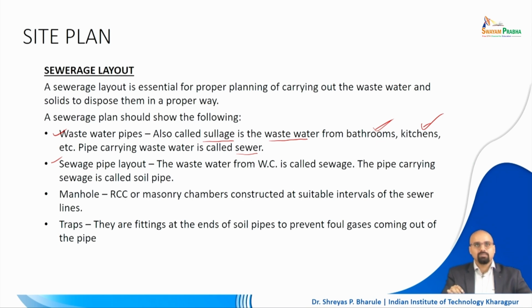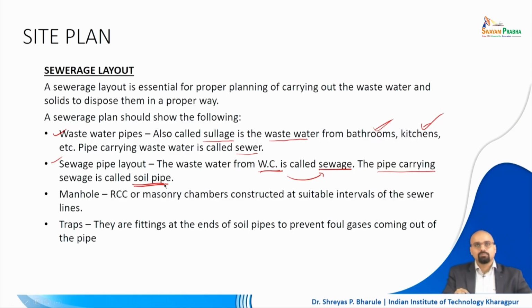In your sewage pipe layout, you have to have wastewater collected from the sewage line, which is your water closet. So in your WC or your toilet, the drain that comes out is called sewage, and your pipe carrying the sewage is also often called a soil pipe.